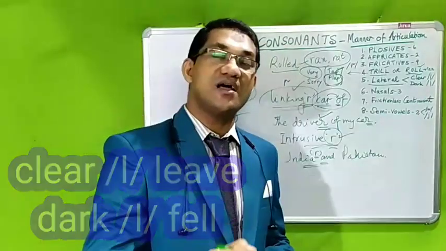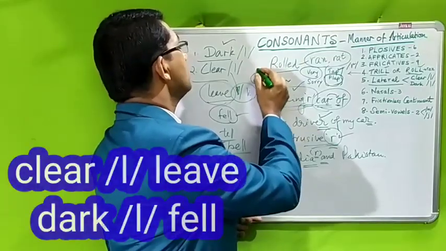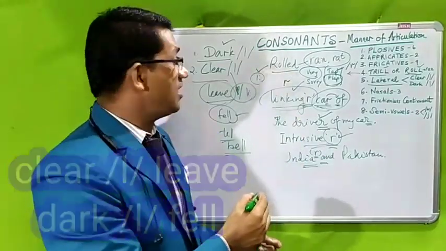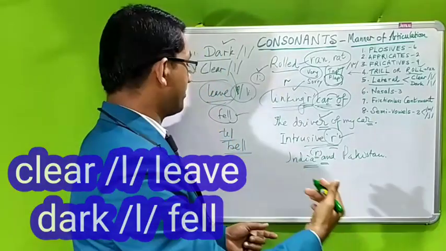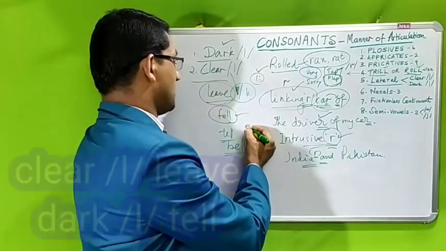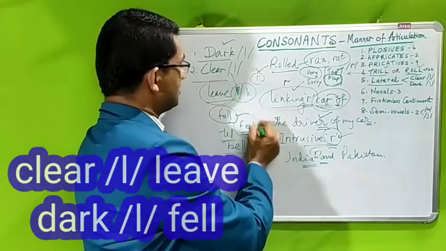So a lateral sound which is immediately followed by a vowel sound is known as a clear L, and a lateral sound which comes after a vowel sound, like in fell, is known as a dark L.